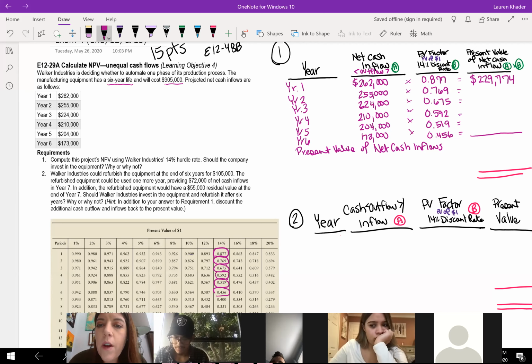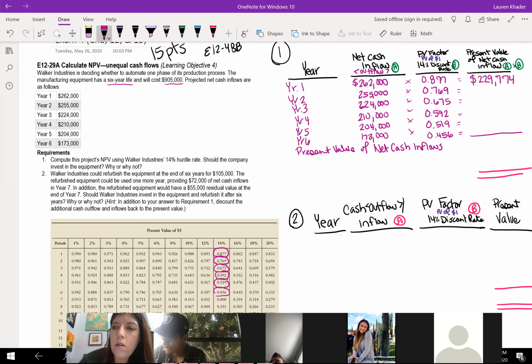The 255,000 that we'll receive in year two is worth what today? 196,095. For the year three cash inflow of 224, it's worth 151,200 today.